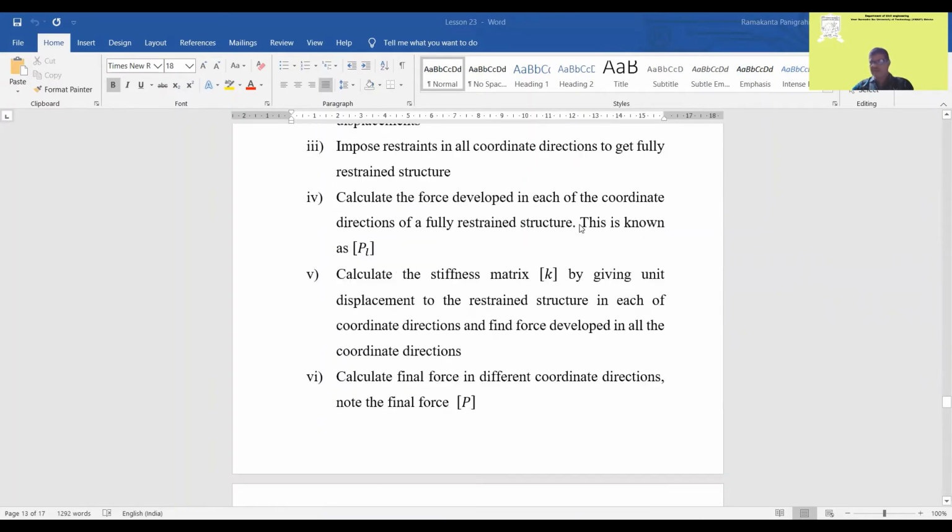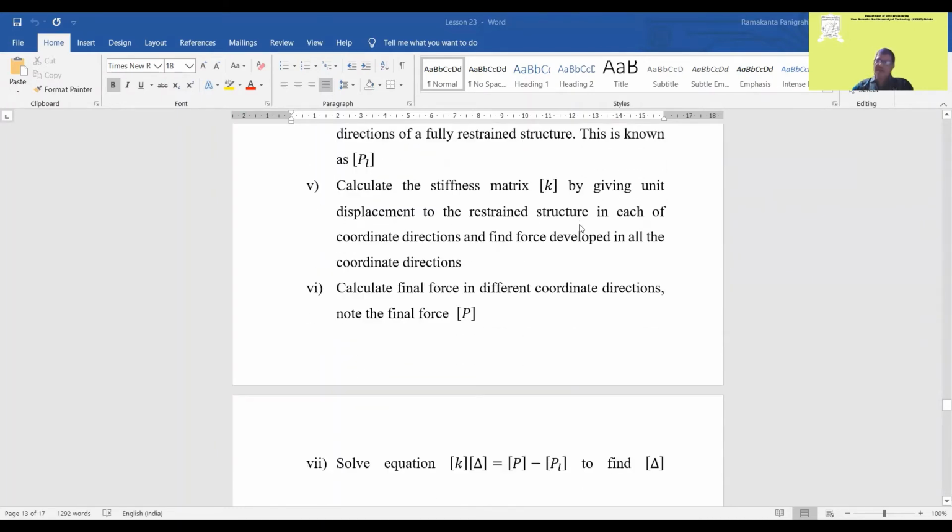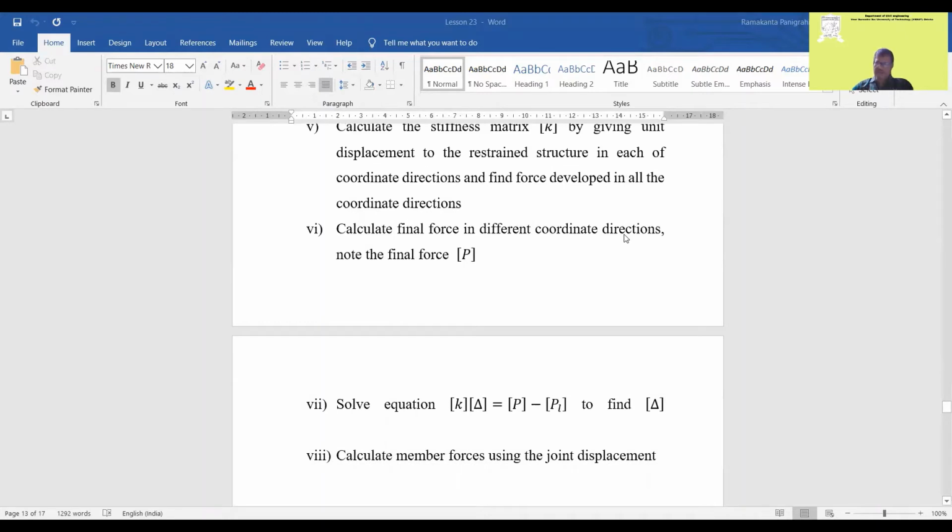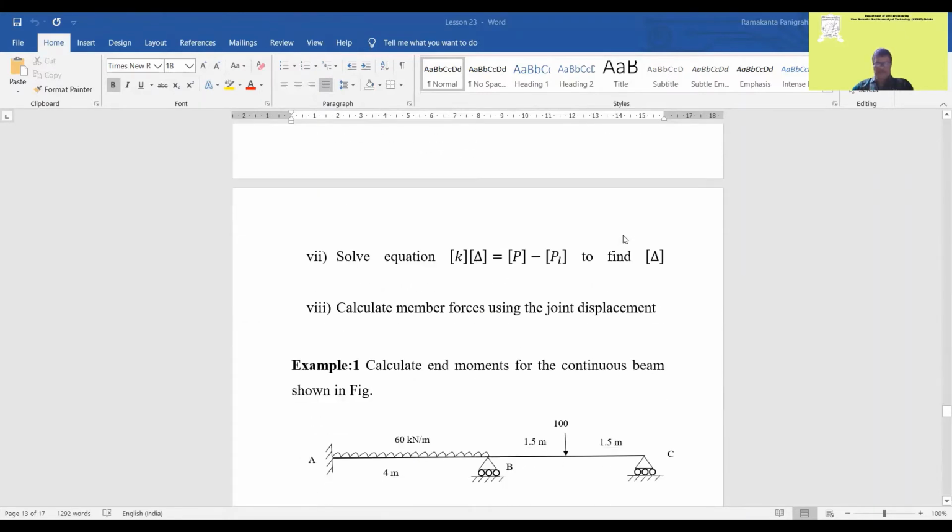Accordingly, you assign the forces, then find the joint forces and the applied forces, and then the stiffness matrix. Then you use the equation K delta is equal to P minus PL. Once you find the displacement of the joints, then for each beam, you draw the diagram, and knowing the delta values, you can find the forces and reactions.